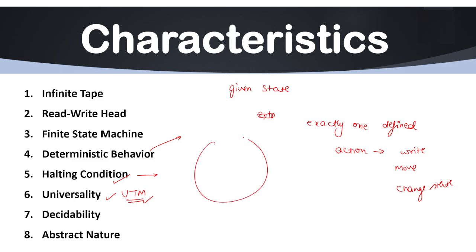This means that a universal Turing machine can be programmed to take as input a description of any other Turing machine and its input, and then it simulates the behavior of that machine. All right, so this is called universality.